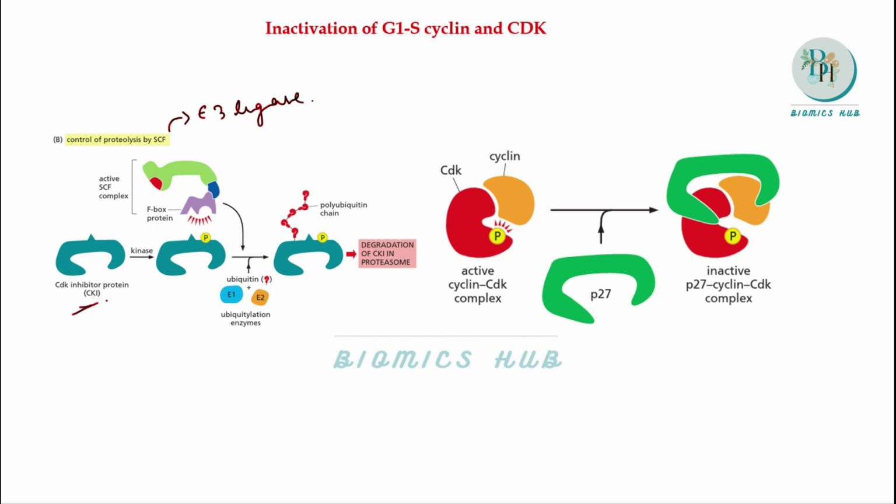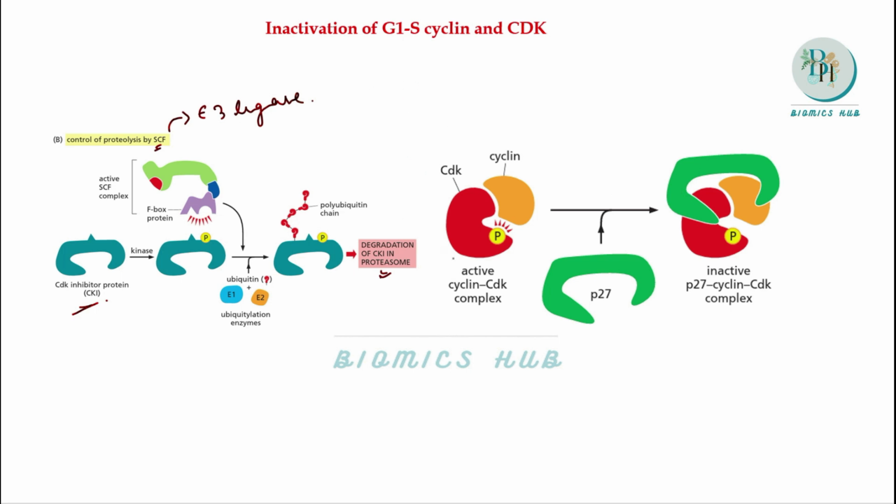How is it regulating the cycle? The CKI is bound to the cyclin and CDK complex, and it is inactivating the cyclin and CDK complex. And the E3-ubiquitin ligase, the SCF, is adding the polyubiquitination chain for its degradation. In this way, the cyclin and CDK are deactivated.